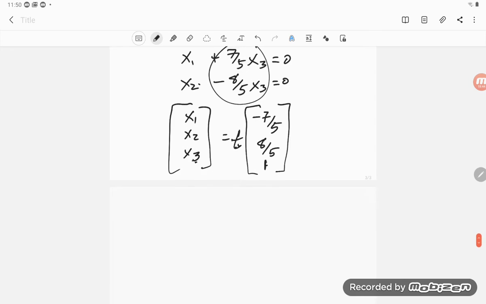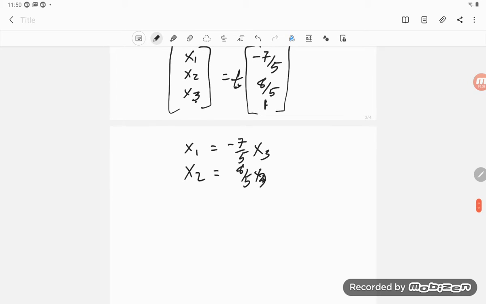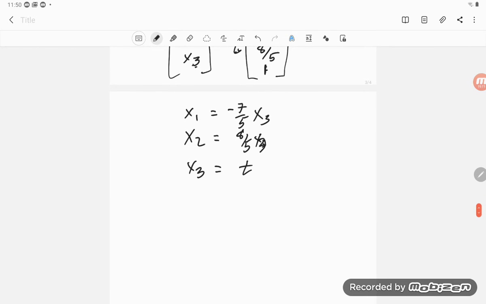Okay, so if that was maybe a little too fast, we'll take a moment here. We'll write this as negative 7/5 x3, and x2 as 8/5 x3. So you tell me what x3 is. Well, x3, we're going to call that t. But wait a minute. If x3 is t, I can substitute here and here.